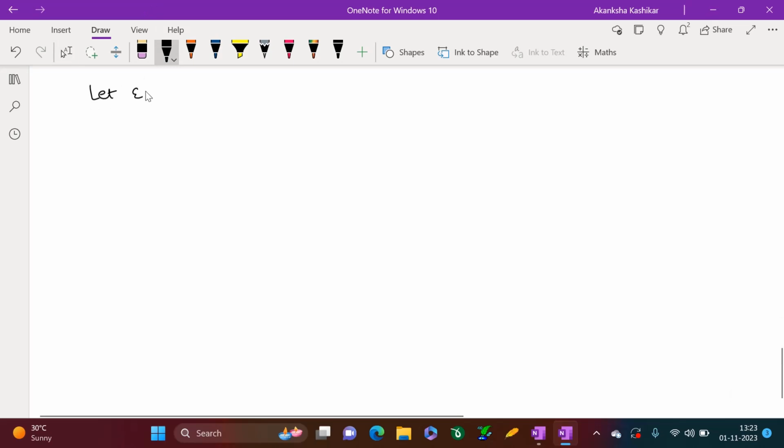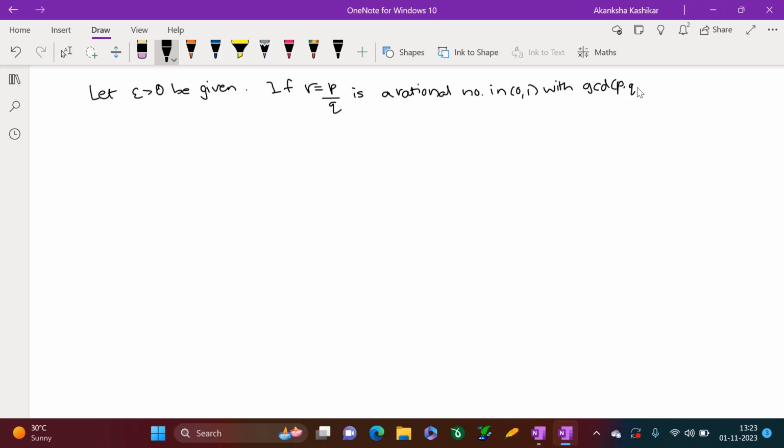Let epsilon greater than 0 be given to us. If r is equal to p by q is a rational number in (0, 1) with of course GCD of p, q equal to 1, then what is f of r? f of r is 1 by q.